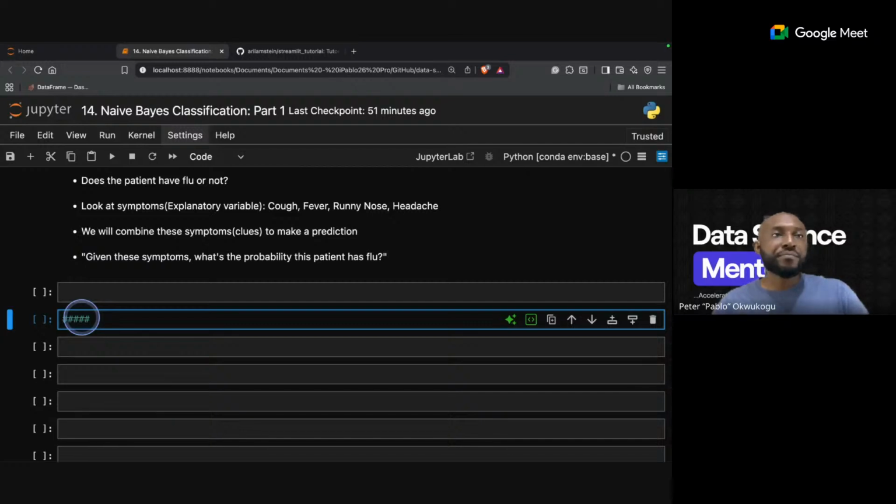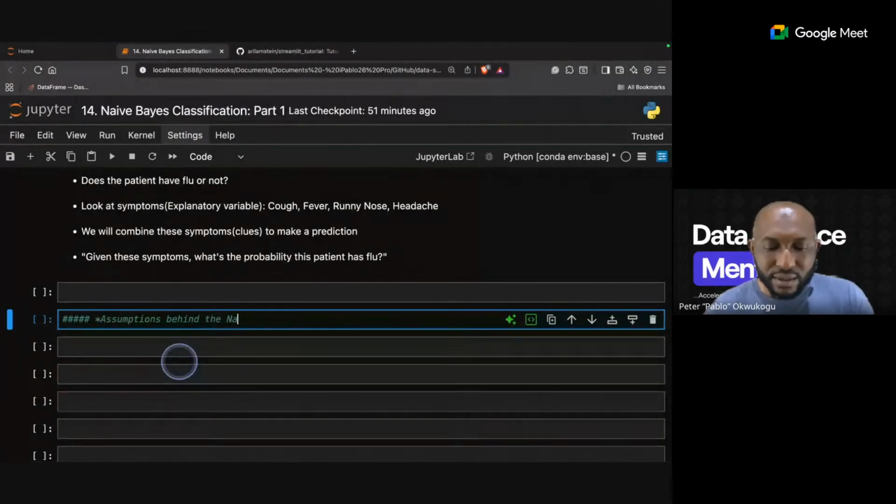All right. So here, let's look at assumptions. The assumptions behind naive Bayes, the naive Bayes algorithm.